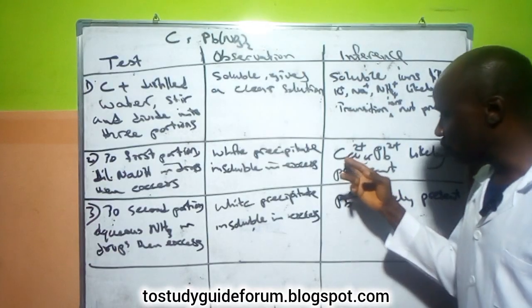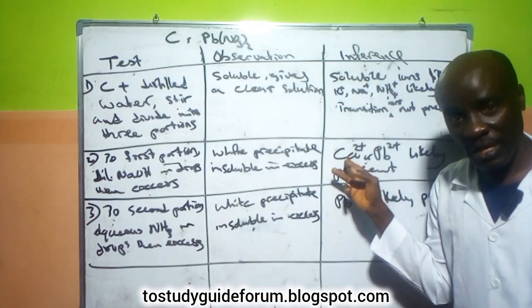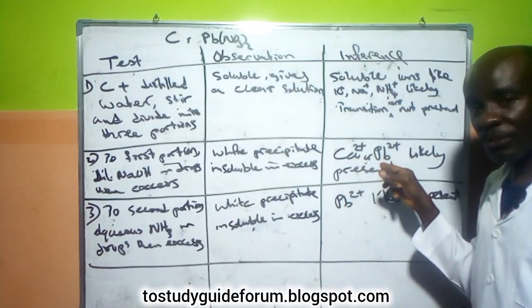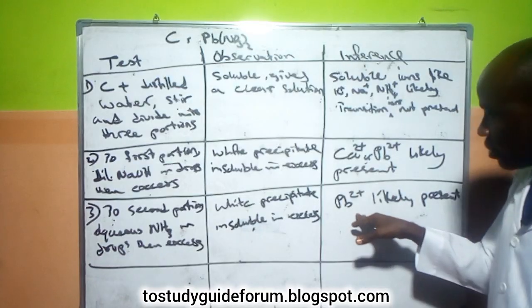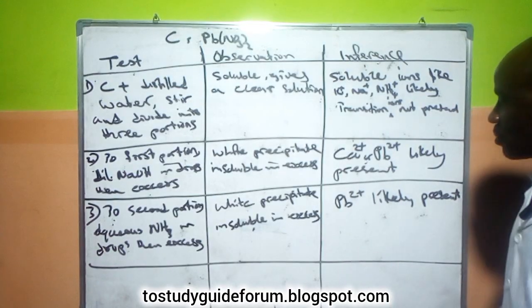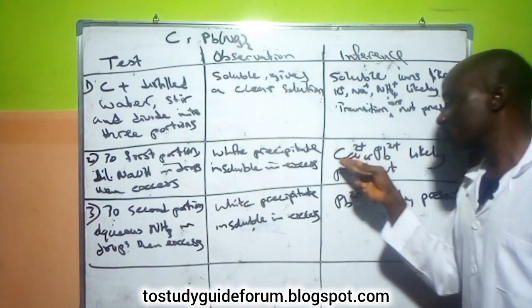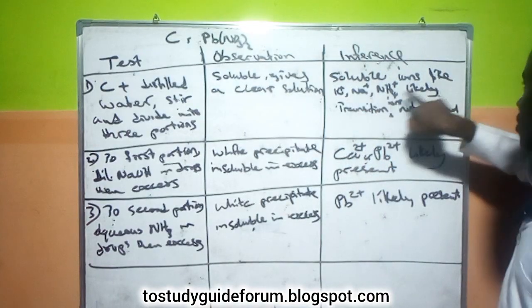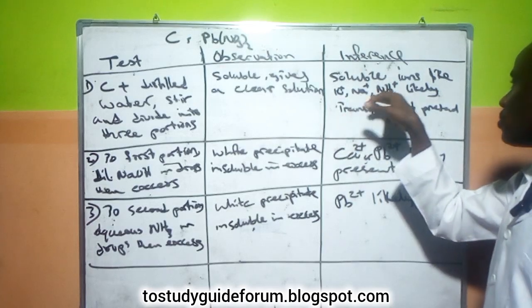We suspected two of them, but one of them shows some sign. That means this other one is present. Now something I want to point out. We said the ions likely to be here are sodium, potassium and ammonium.